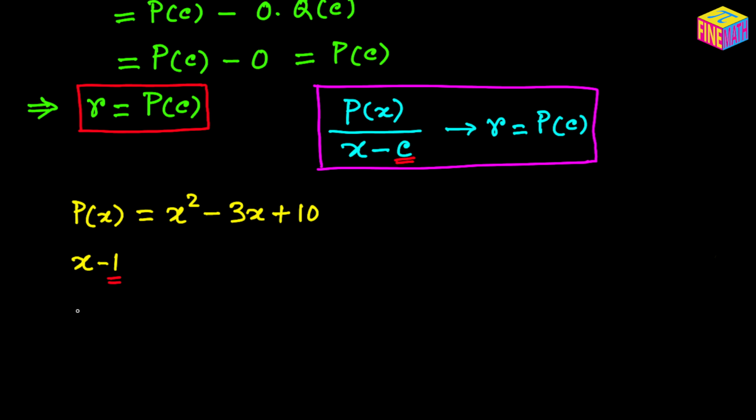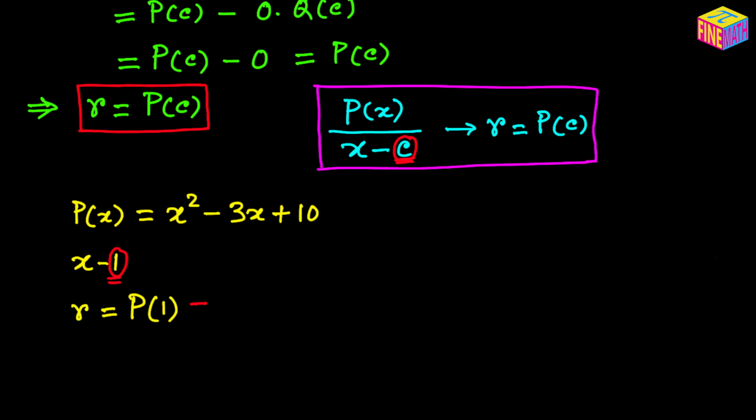Here the remainder will be p of, instead of c, I am going to say 1, because the 1 right here is equivalent to the c in our theory, right? So in this case, if we divide p of x by x minus 1, the remainder will be p of 1.